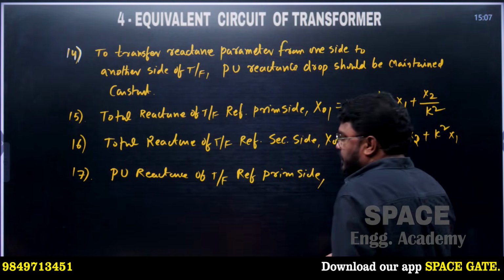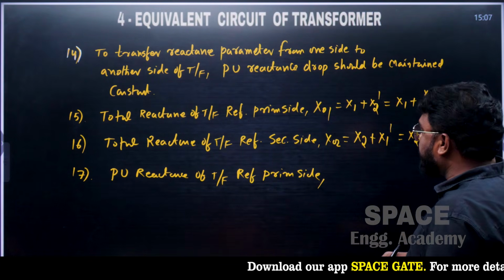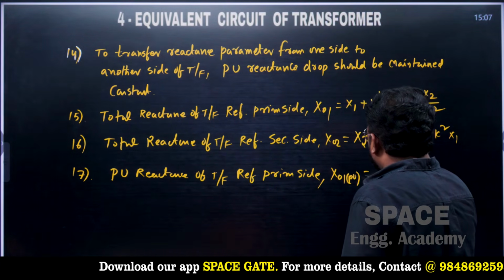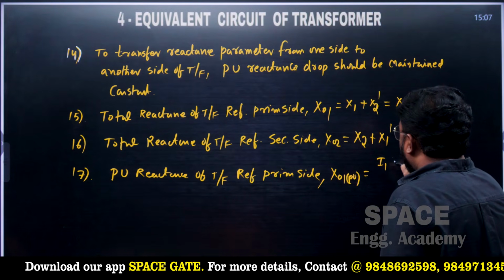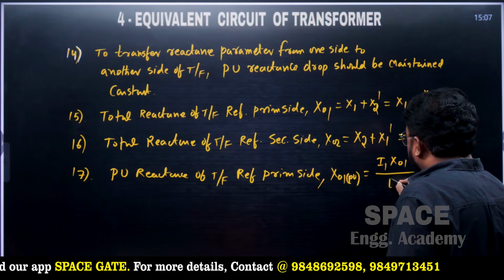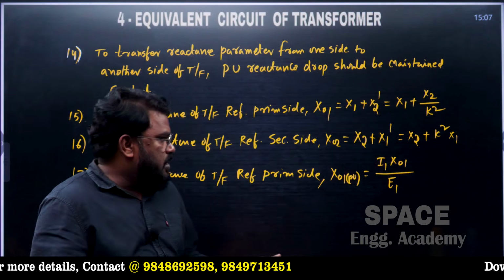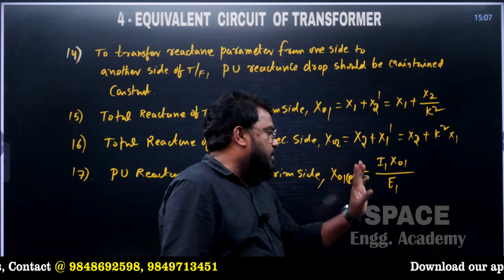The per unit reactance of the transformer referred to the primary side, X01 per unit value, is equal to I1 X01 divided by E1.